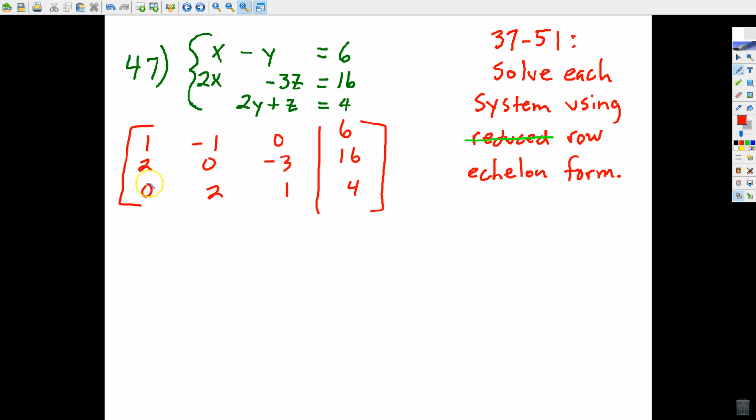Because what some people do is they'll find this 0, and then they'll do an operation to turn it into something else. You see what I mean? So again, the game is to accomplish 1s diagonally, and then you should have this triangle of zeros.